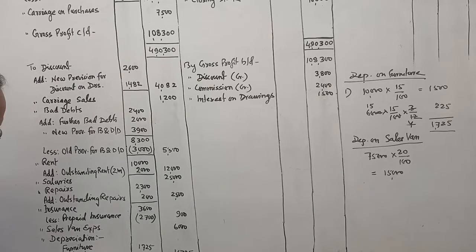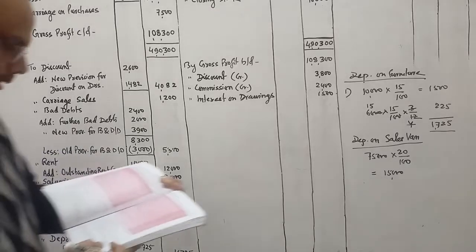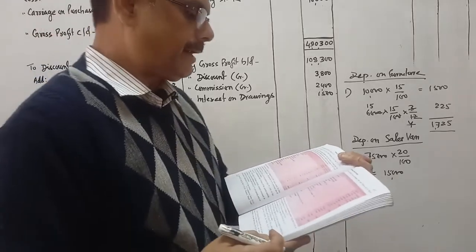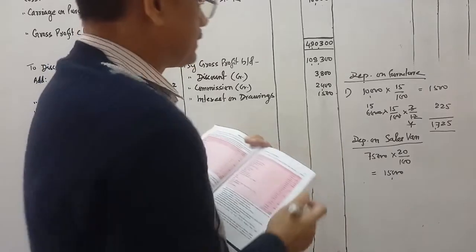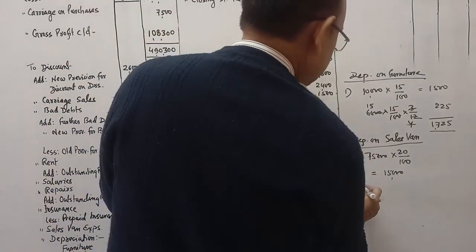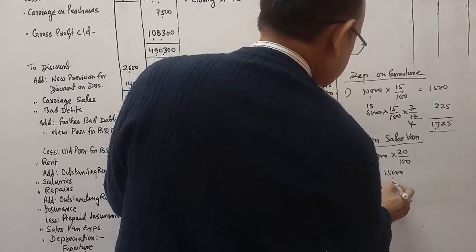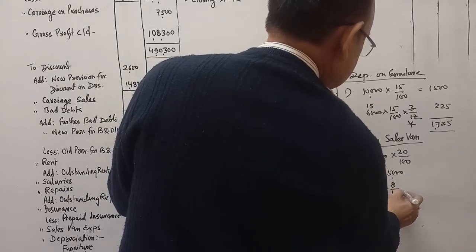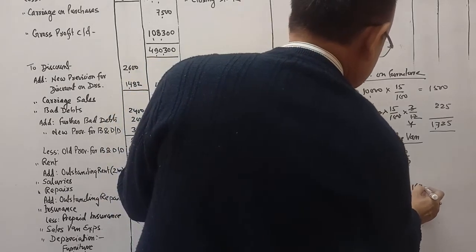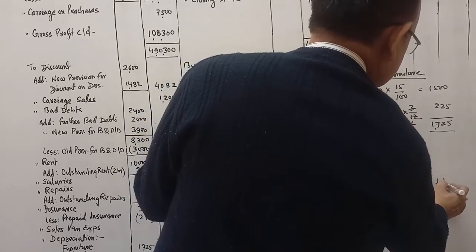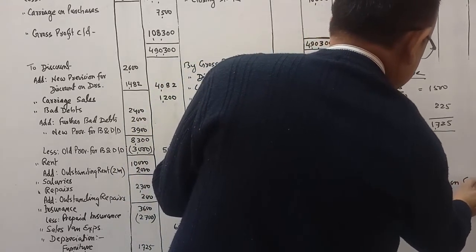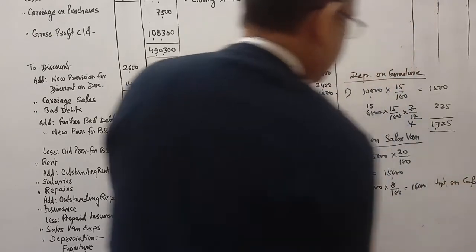So we will calculate the interest on capital at the rate of 8%. Capital given in the trial balance is 2 lakhs. So 8% of 2 lakhs is the interest on capital, that is 16,000.